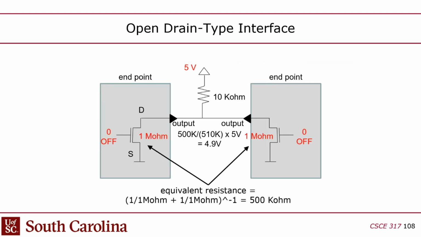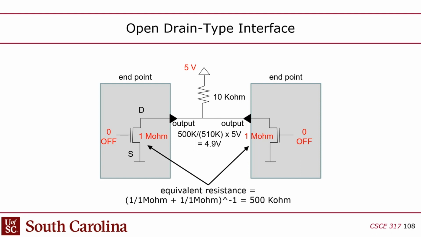So a potentially better way to do it is using an open drain style driver, which is just like half of a push-pull. It's just having the NMOS pull down, and then you have to add this pull-up resistor, which is about 10 kiloohms. What this does is, if the NMOS isn't pulling down, isn't trying to output a 0, then the natural default state of this wire is going to be logic 1.